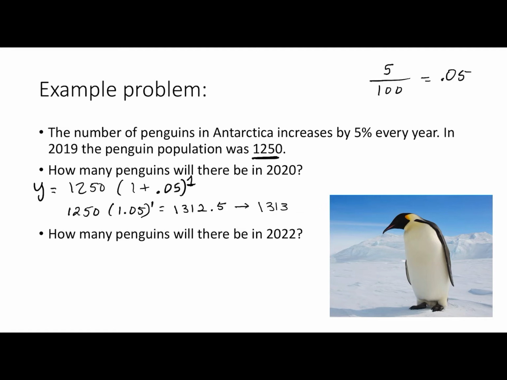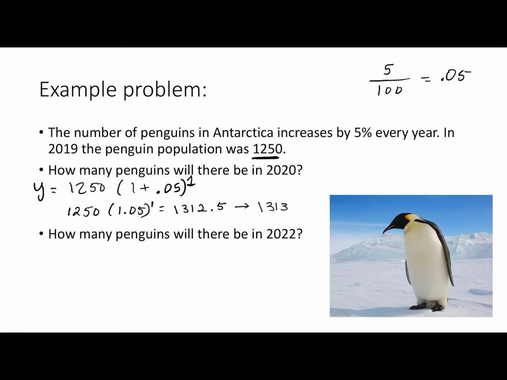Now it says how many penguins will there be in 2022. 2022 is 3 years after 2019. Since we used the 1 for 1 year after 2019, we can change the 1 into a 3 for 3 years after 2019.